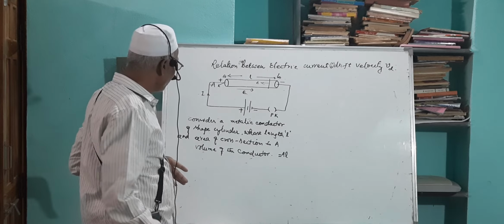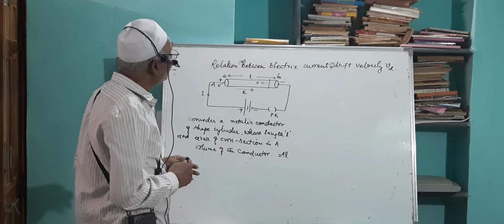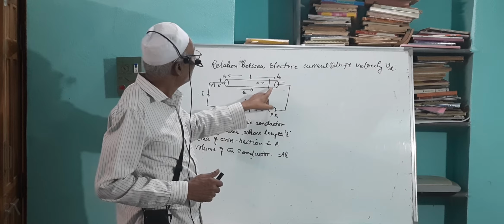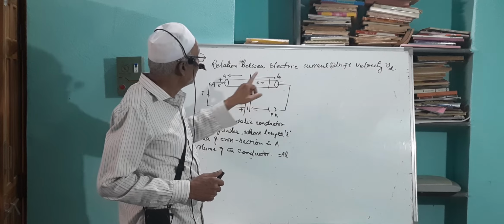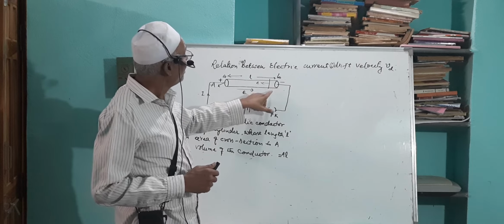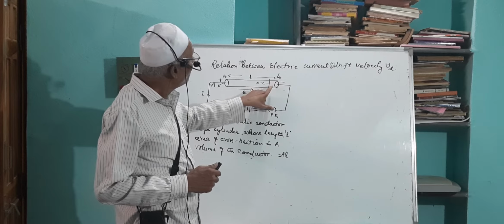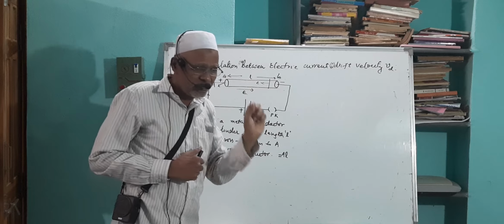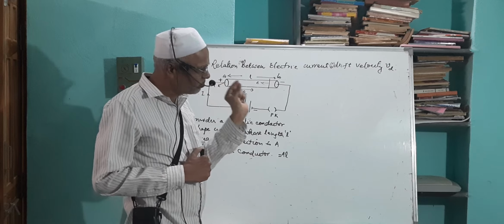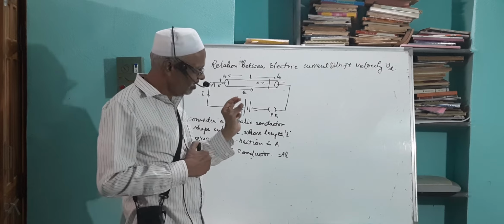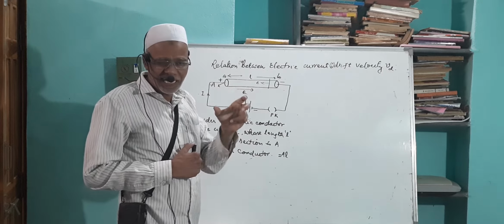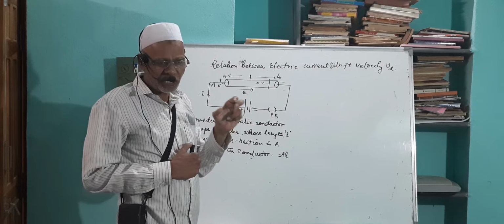First of all, you have to know the density of electrons, that is, the number of electrons per unit volume of the conductor. Per unit volume means you have to consider a small segment of the conductor. In that segment, you note down how many electrons, how many charges, are there.